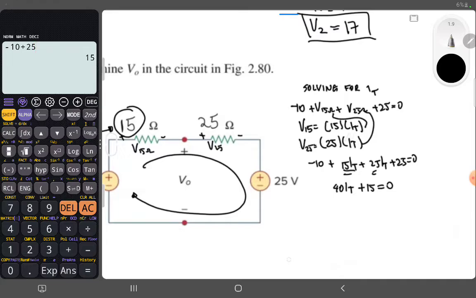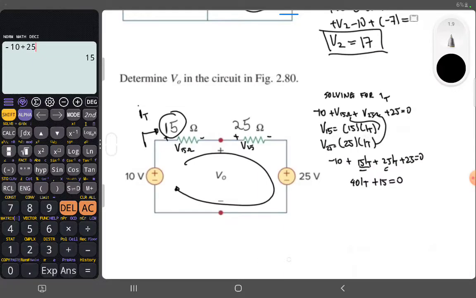Okay, so from here I will have negative 10 plus 25 is equal to 15 plus 40 I total. So therefore our I total is equal to negative 15 all over 40, which is equal to negative 0.375 ampere. So ngayon, meron na tayong ganyan.